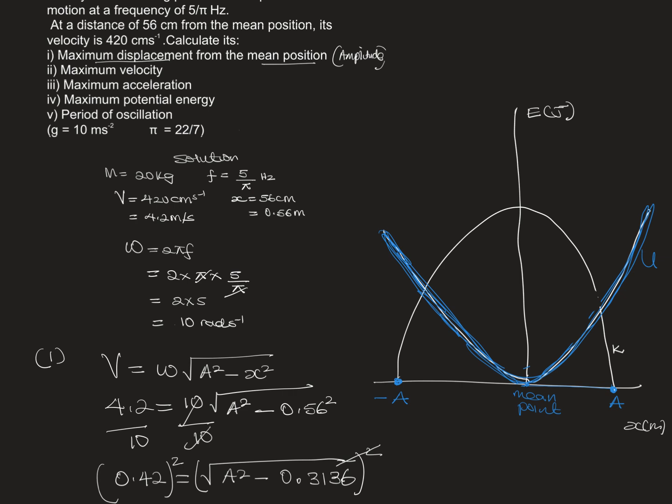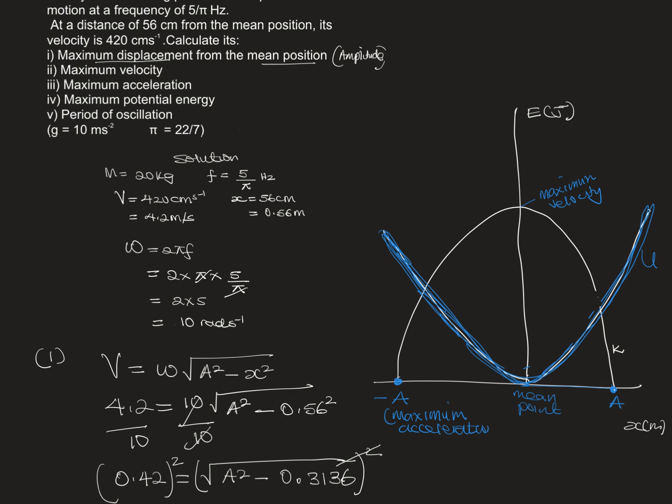Here we are asked to find the maximum velocity. So where is the maximum velocity attained? The maximum velocity is attained at the mean point. So sometimes they may ask questions like this, or ask you to draw this energy displacement curve. This point is where maximum velocity is attained, and it is at the amplitude where maximum acceleration is attained.